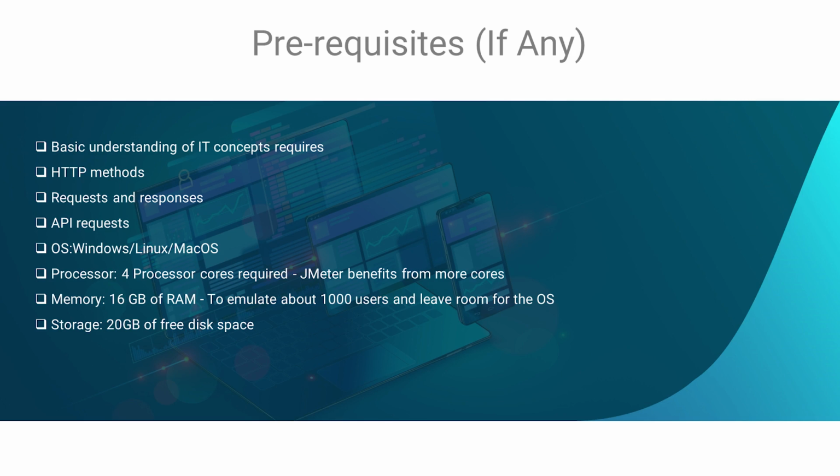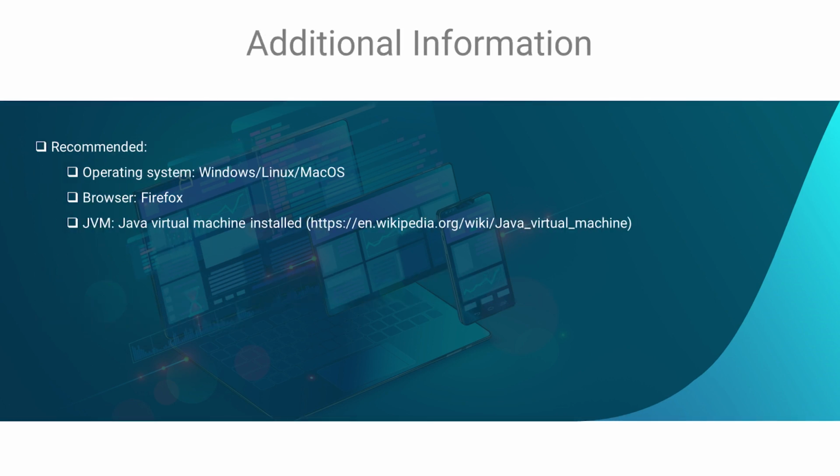Some room for the OS, I mean, of course. As for storage, we'll need about 20 gigabytes of free disk space. And the recommended is that you have Windows, Linux, or Mac OS. There are other operating systems, I'm aware, but usually they run on the Unix kernel, so that's okay.